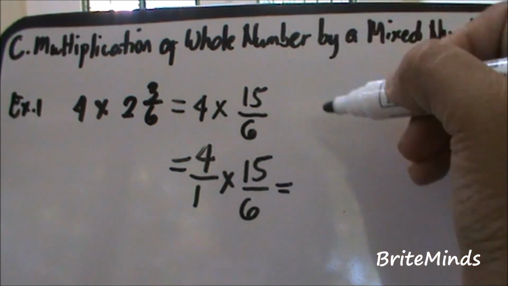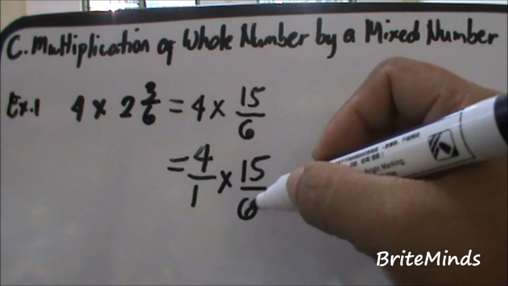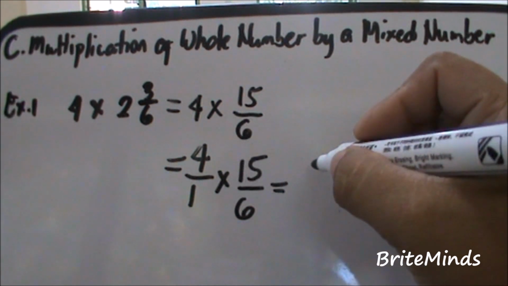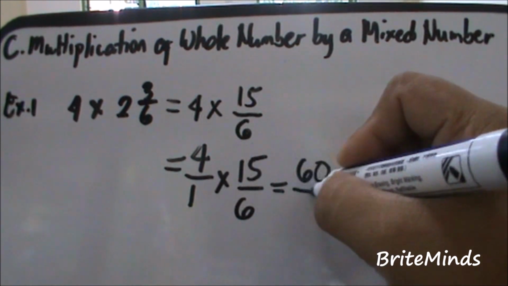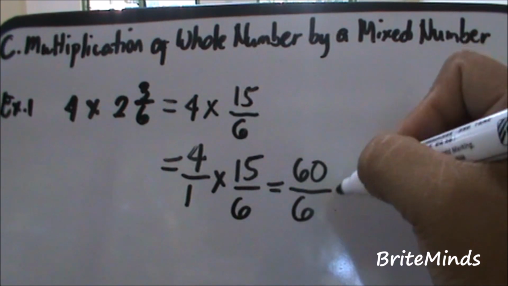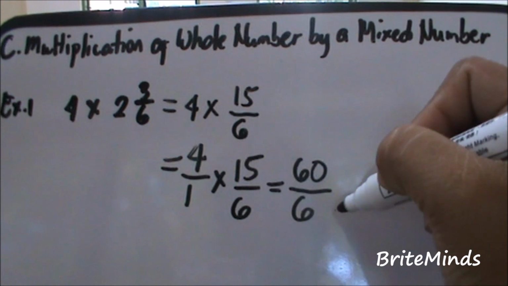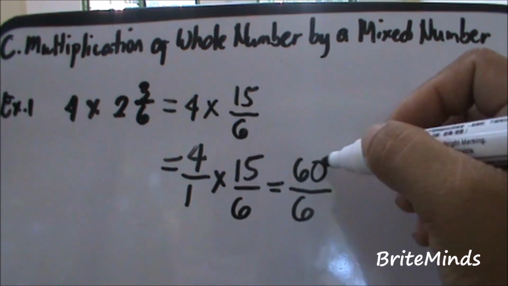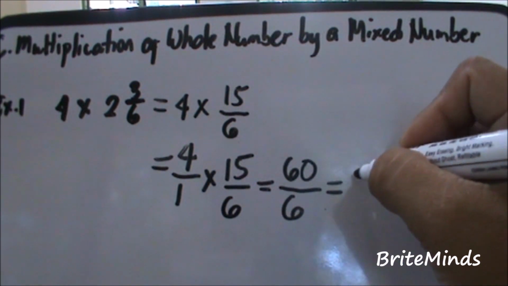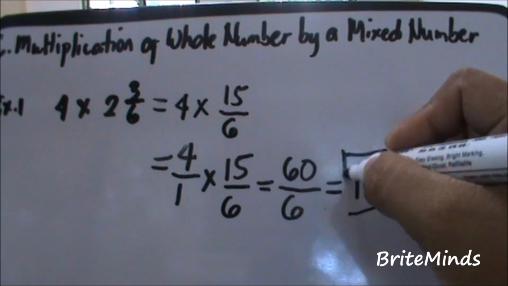Now we can proceed into multiplication of the numerators and the denominators of the fractions. 4 times 15 is 60, and 1 times 6 is 6. The answer is an improper fraction. We need to reduce it to lowest terms. 60 divided by 6 equals 10. So our answer is 10.